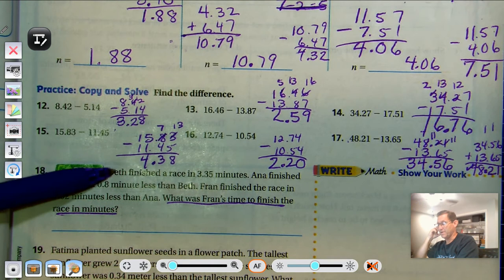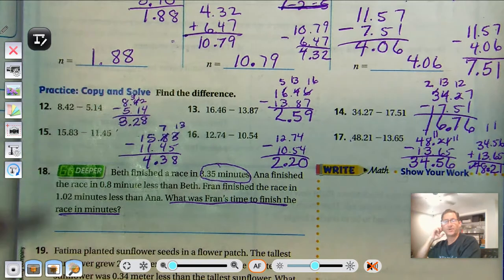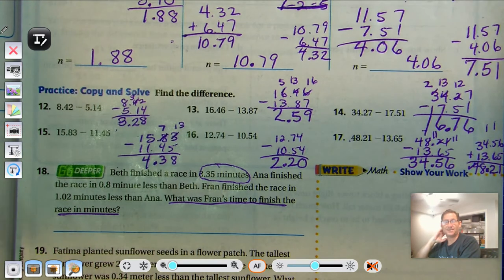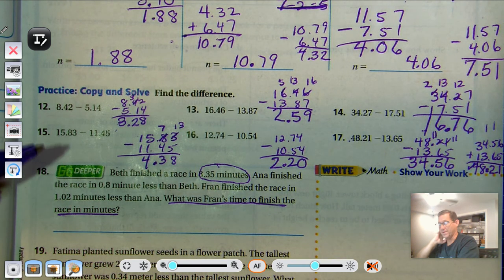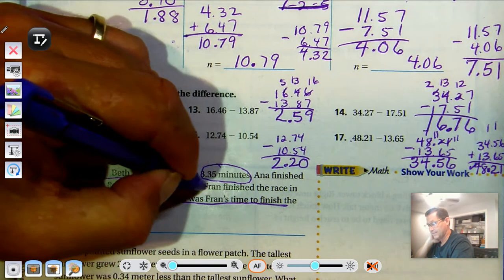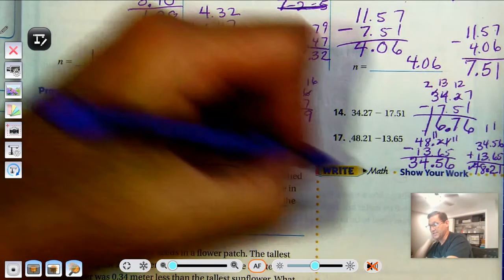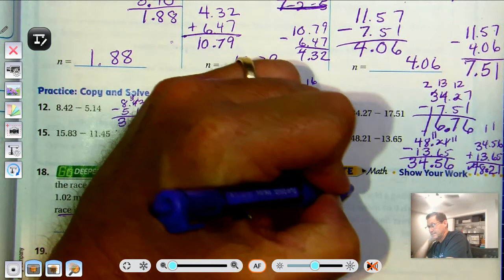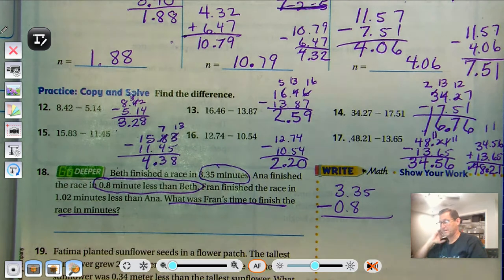So let's start with Beth. She finished the race in 3 and 35 hundredths of minutes. Anna finished the race 8/10 minute less than Beth. Okay, so we can just subtract those to find what time Anna finished. So it's 3 and 35 hundredths minus 8/10.